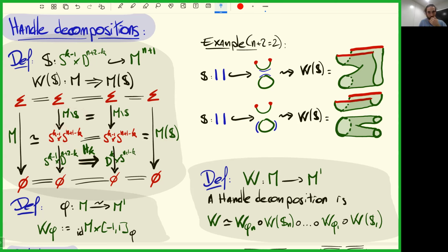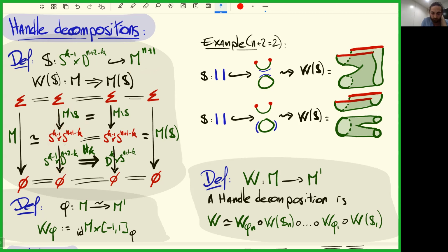Everything else is also a cobordism, but now has an extra boundary component, which is this S^(k-1) cross S^(n+1-k). Okay, so I have this that embeds in my n plus one manifold, and I just think of this as a decomposition of the manifold M into a composition or gluing of two things.